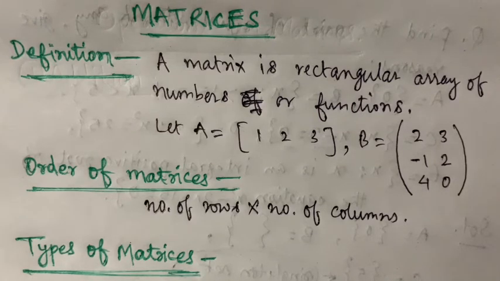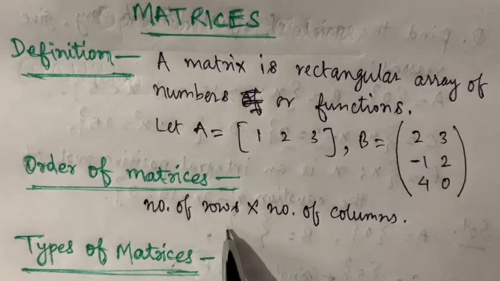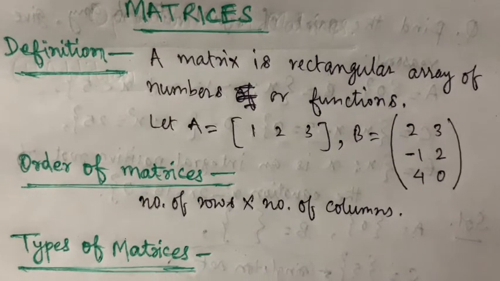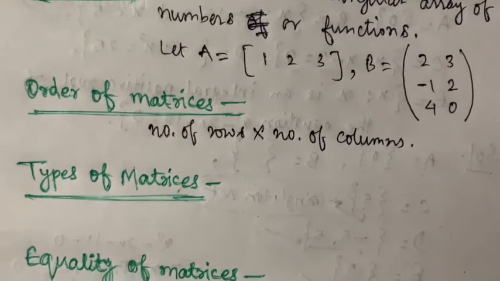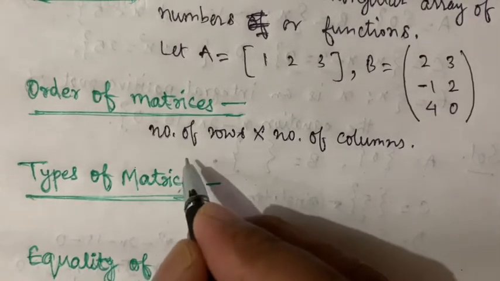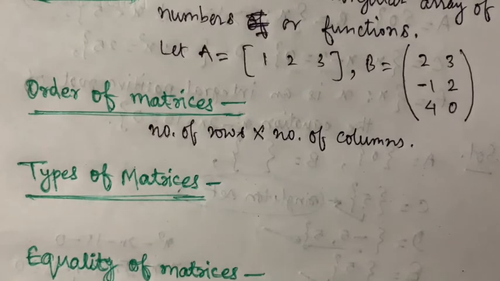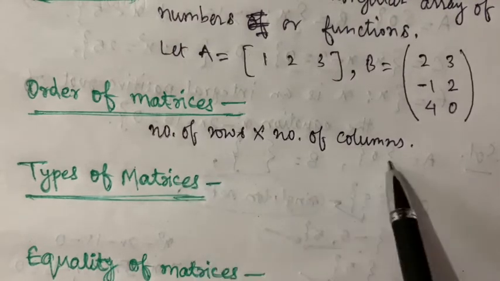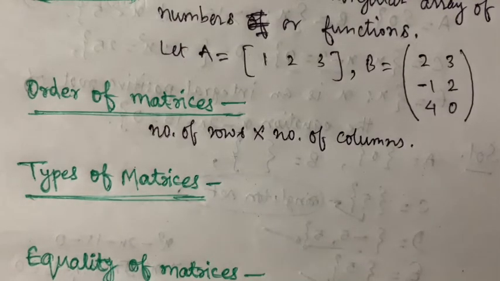When we multiply these two numbers, we get the number of elements of that matrix. In fact, orders were like 1 by 1, 1 by 2, 2 by 1, 2 by 2, 3 by 3, etc. And then on the basis of that, we had some questions discussed there.